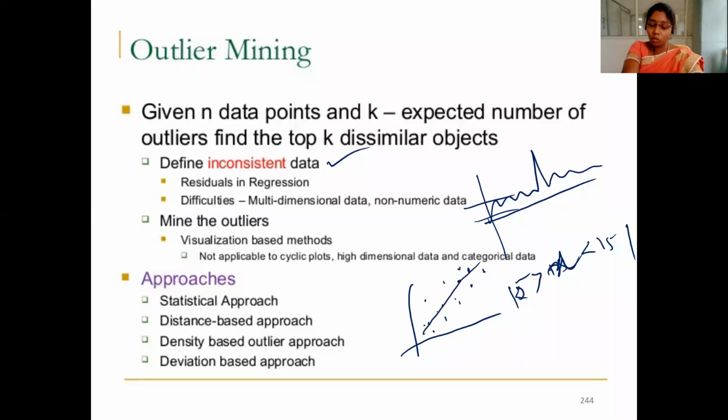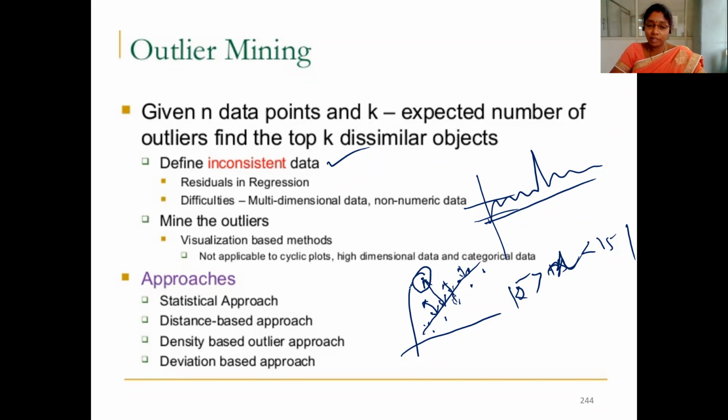In order to go with the outliers, you need to calculate this distance. If you have a point here, and this distance is very far from the regression line, this can be treated as an outlier. Like that, you need to go point to point in detail.